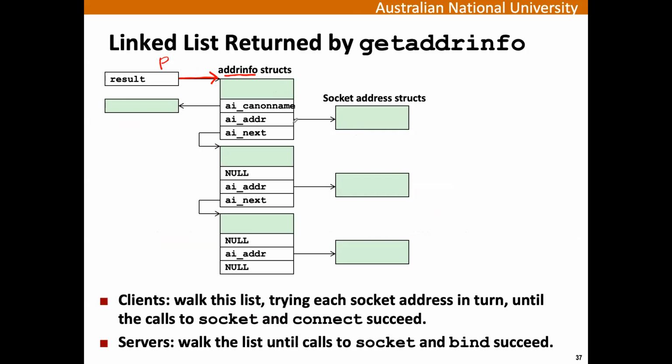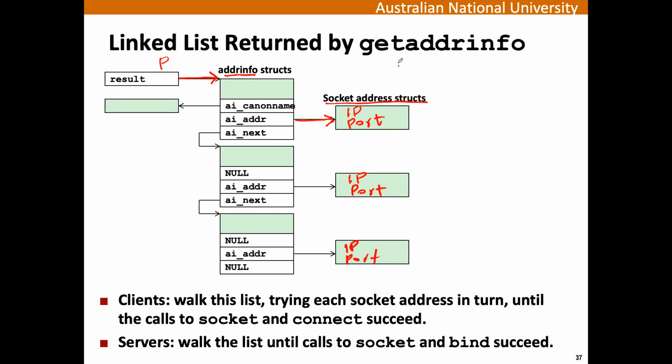Now the important ones are these. This is a socket address structure. This contains the IP address and the port of a specific host, and you have many of these. Like I was saying, large-scale services use different IP addresses to serve many different clients.